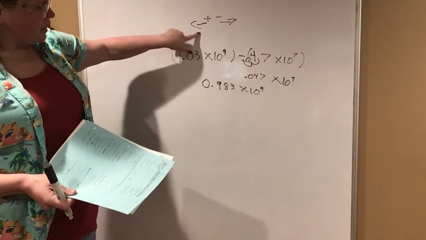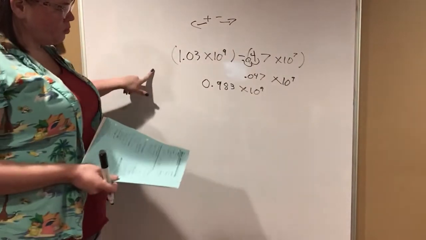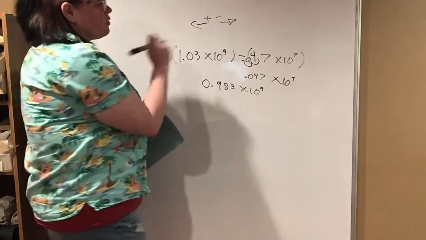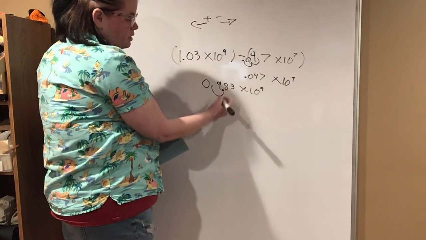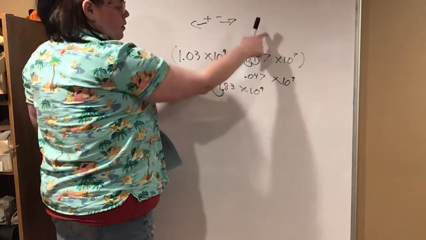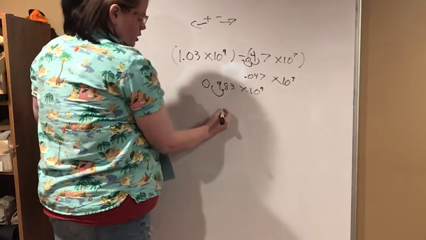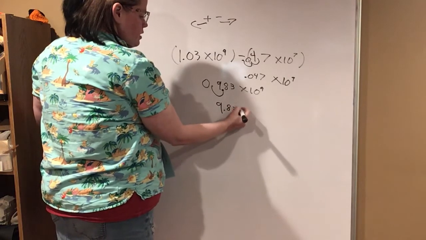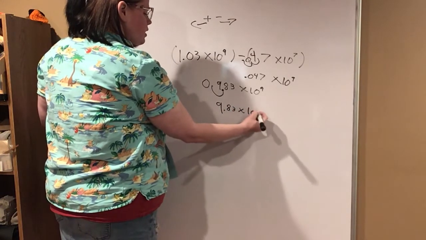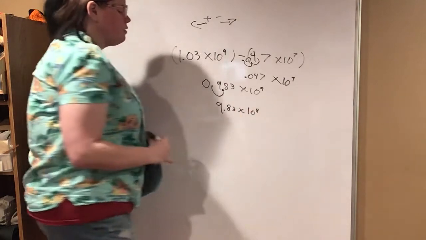Well, we can't go this way or it'll make it even more. So what we have to do is go the other way. So if we're going to go this way, 1 spot, since we're going that way, this makes it go down. And now it's 9.83 times 10 to the 8th.